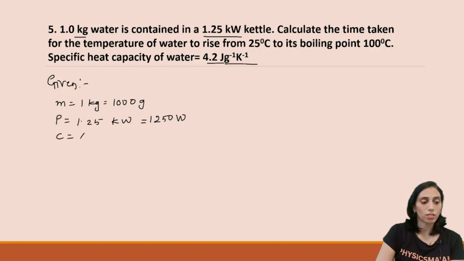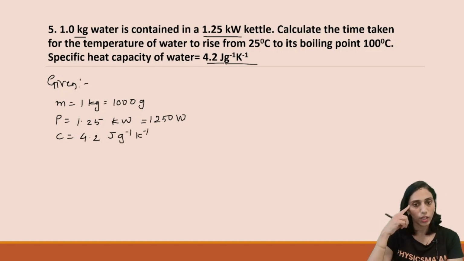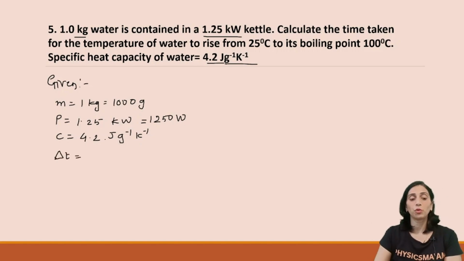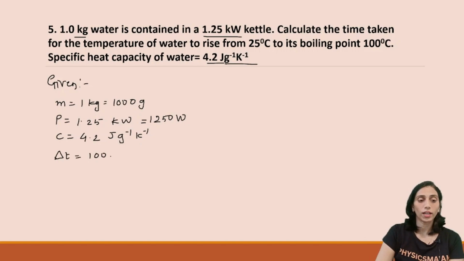Then C is 4.2 joule per gram per Kelvin. And what else? Temperature difference. Rise in temperature, delta T, is 25 to 100, meaning 100 minus 25. So rise in temperature is 75 degrees Celsius or 75 Kelvin.